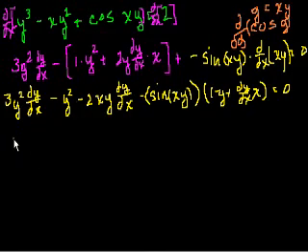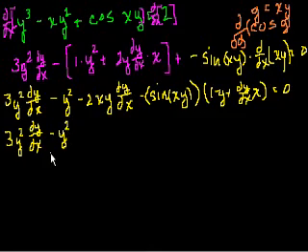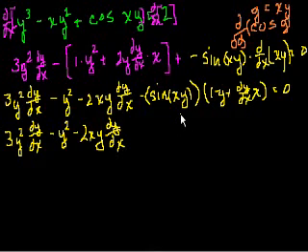And now we can attempt to simplify. So let's see what I can do. So we have 3y squared dy dx minus y squared minus 2xy dy dx. Now this one's interesting. So let me distribute the sine of xy.